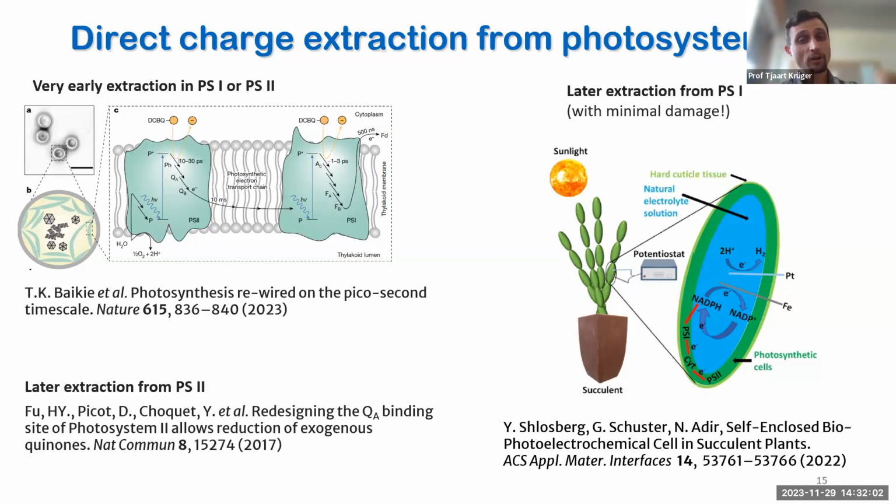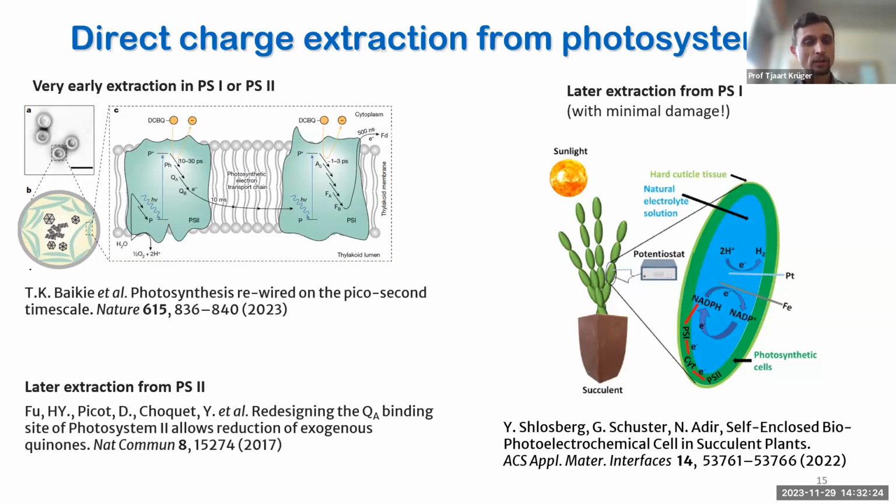A fraction of these electrons were extracted so that the rest of the electron transport chain could continue unaltered. So photosynthesis could continue in its normal way, and at the same time, electrons could be extracted. And once you have free electrons, just attach them to electrodes and you can generate electricity.